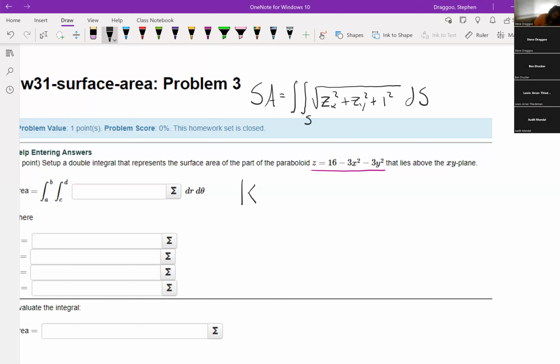recognizable version, now that we've seen surface integrals, that thing on the inside, that square root that we're integrating, is really the magnitude of a particular vector. That vector being negative z partial x, negative z partial y, and 1.